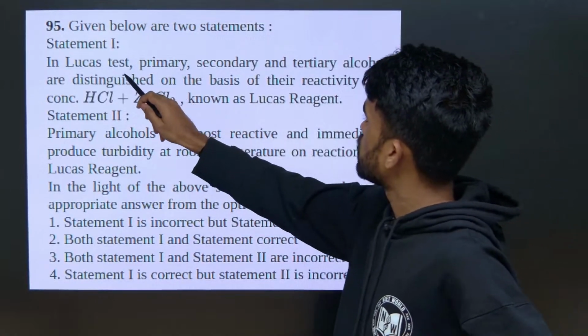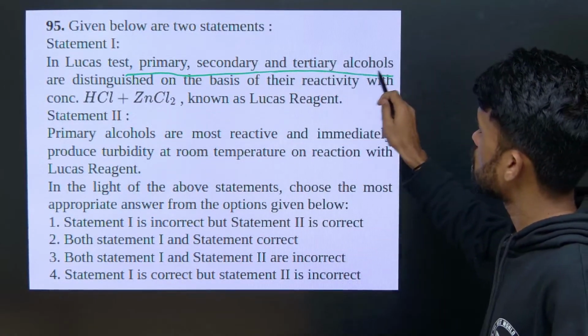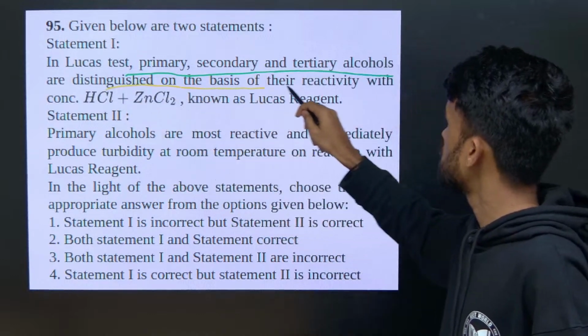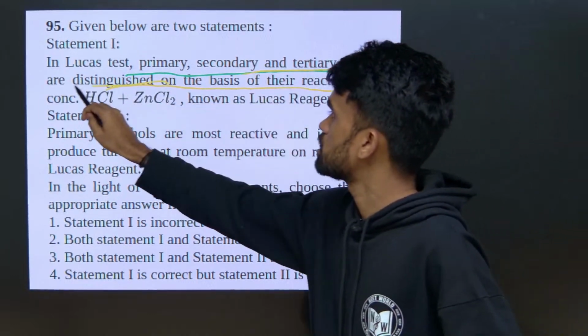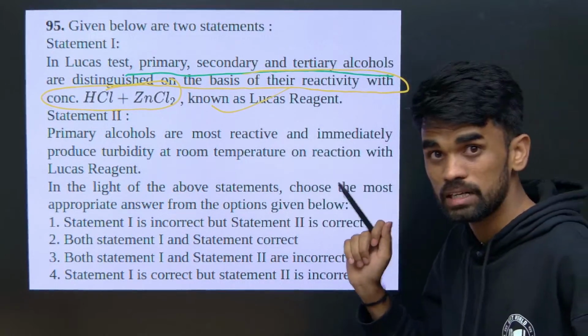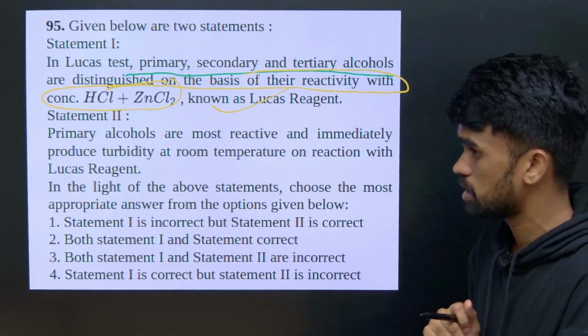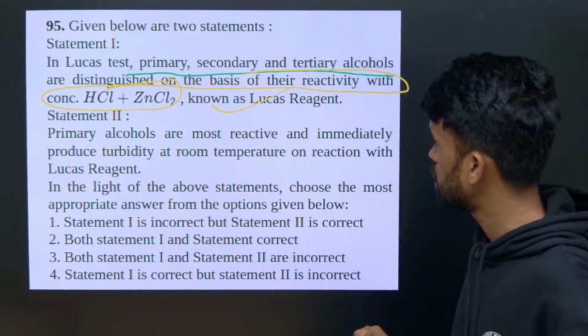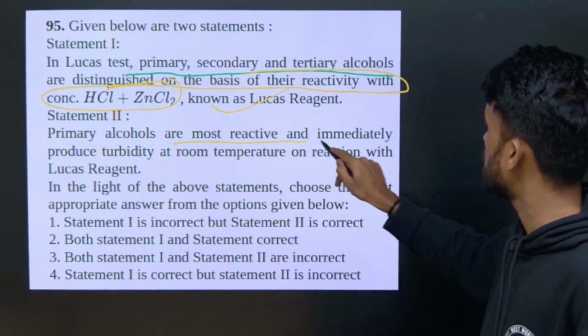Lucas reagent, Lucas test: primary, secondary, tertiary alcohols are distinguished on the basis of their reactivity. Yes, I hope it is clear. We already discussed this in the SN1, SN2 reactions of haloalkanes chapter, right? The primary alcohols are more reactive?